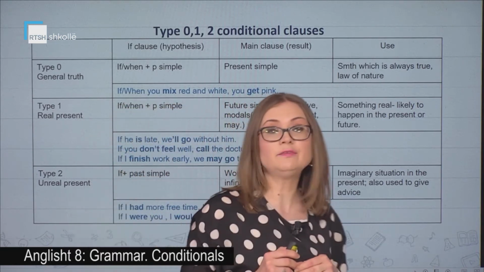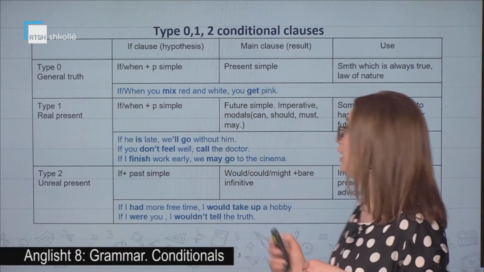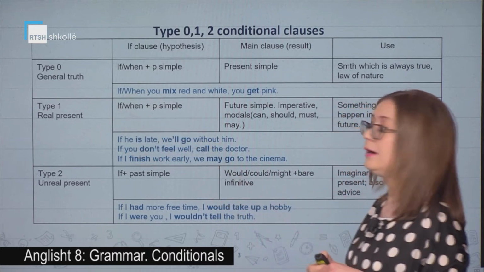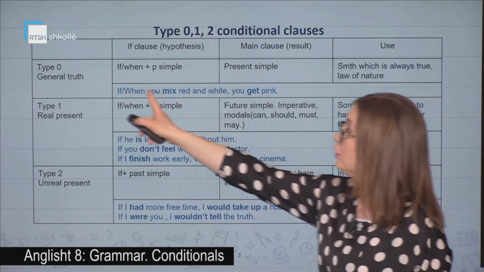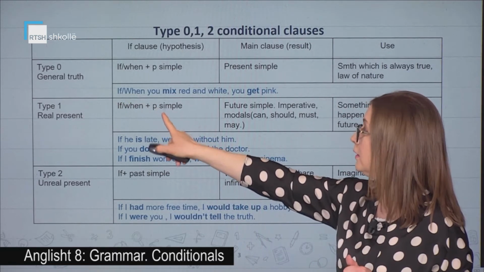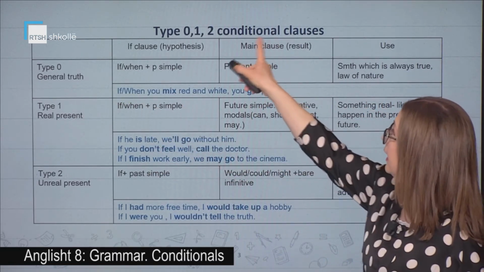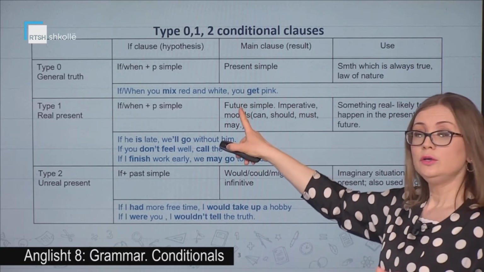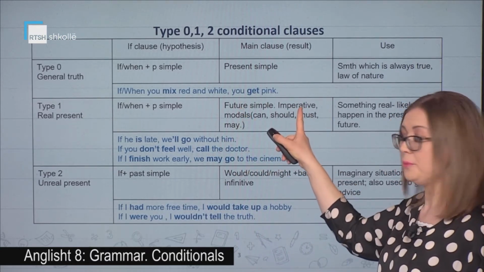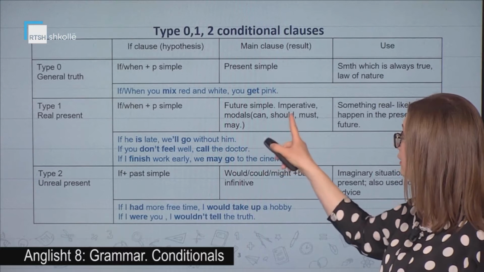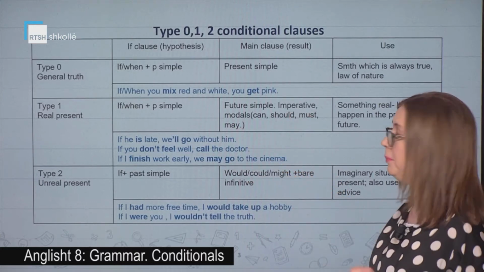But let's discover its structure together. At the first part of the sentence, the if clause, we use the present simple, and at the main clause, we use the future simple, the imperative or modals can, should, must, or may.